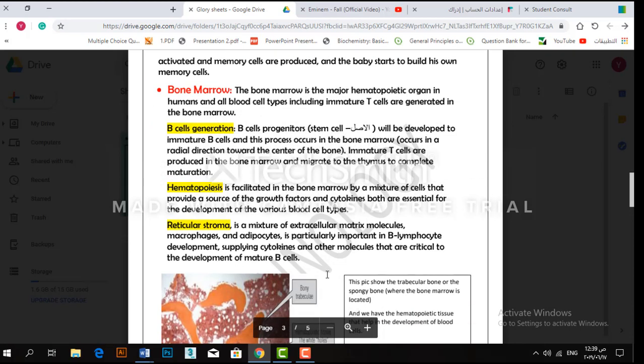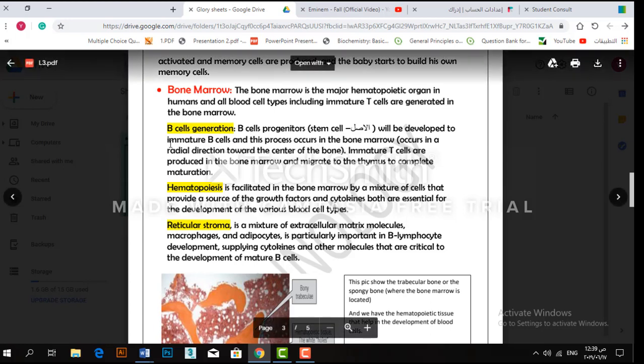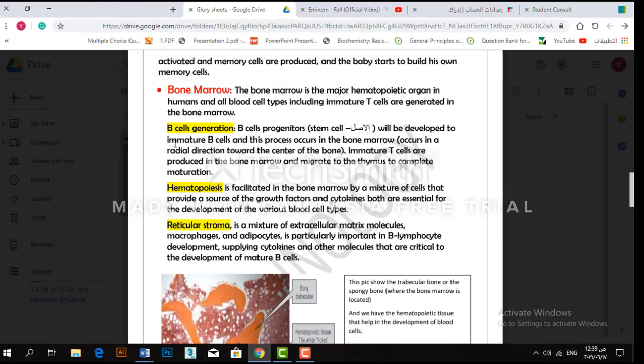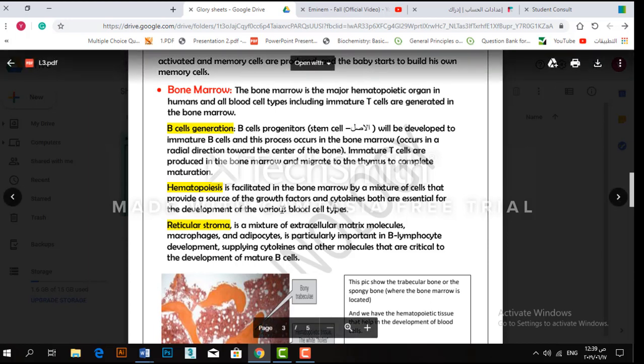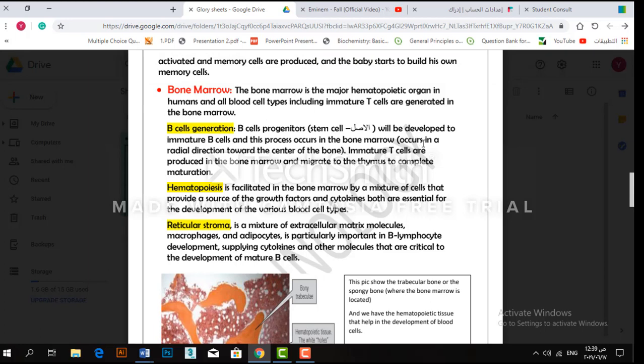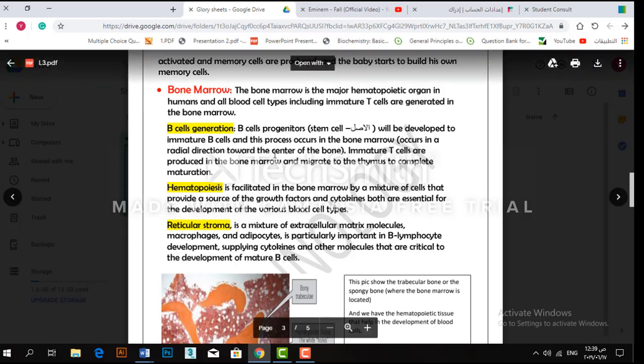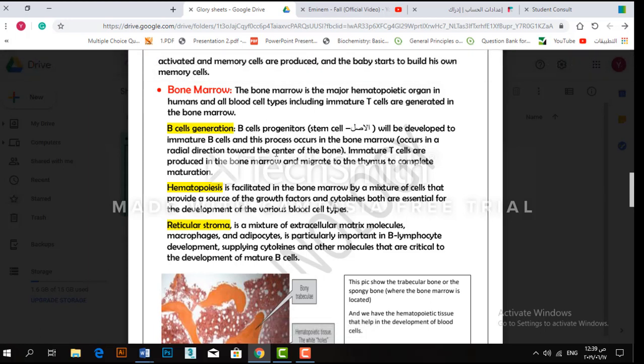Now, B cells generation. B cell progenitors, meaning stem cells, الأصل, will develop into immature B cells, and this process occurs in the bone marrow, in the radial direction toward the center of the bone.